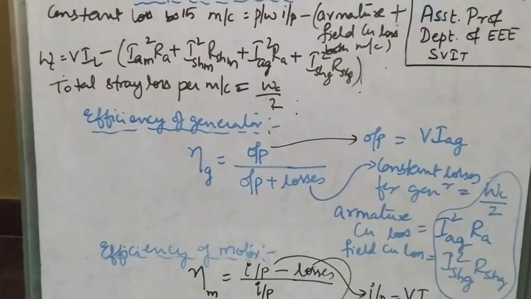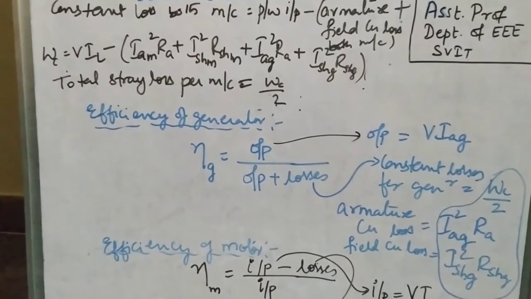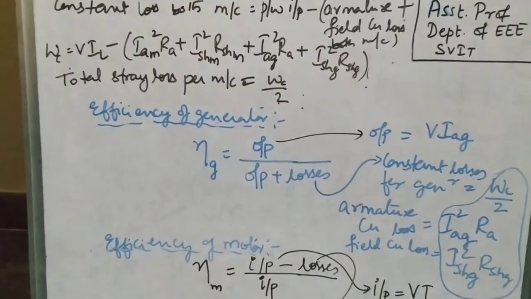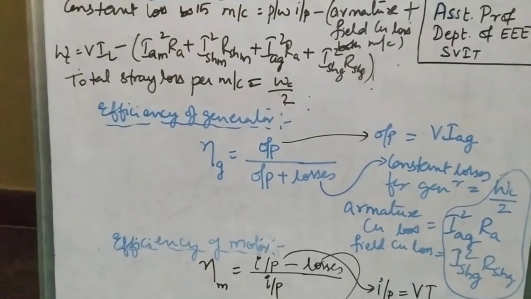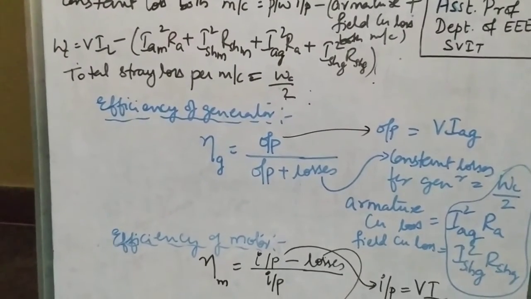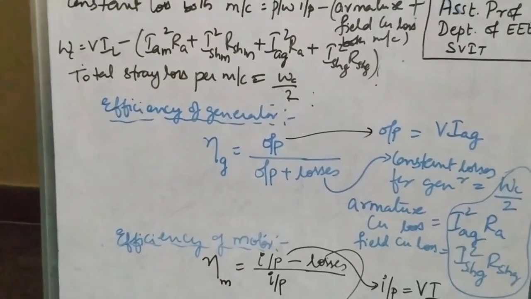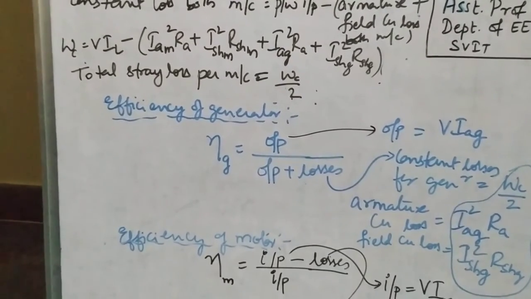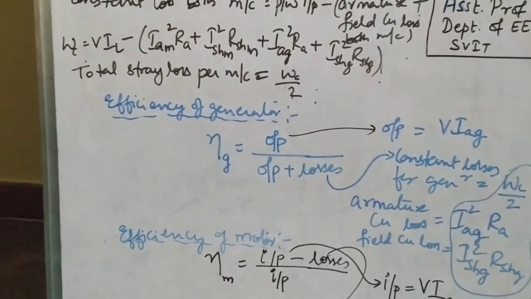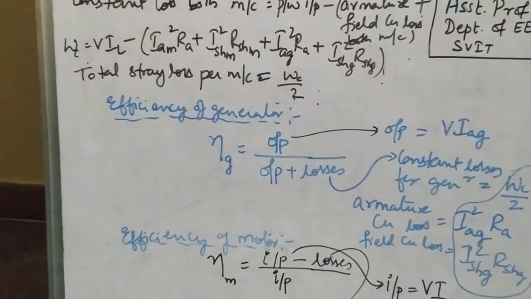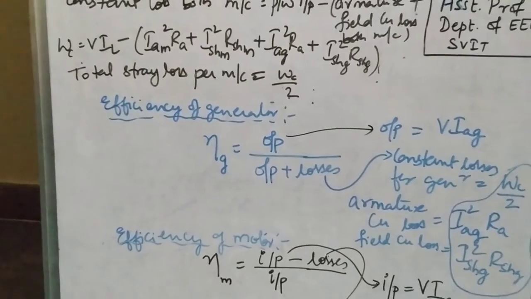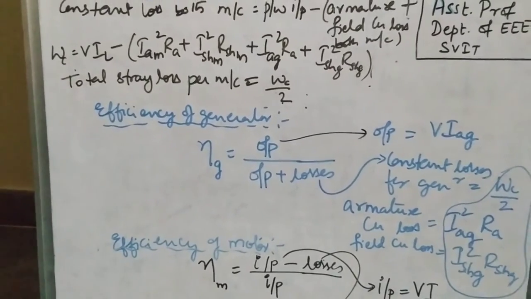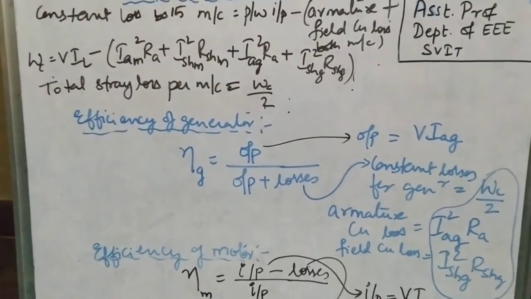The stray losses are considered as both machines are operated under rated load conditions. Here the efficiency at different loads can be determined, and large machines can be tested. Whenever you would like to test large machines at rated load without consuming much power from the supply, we can employ this test, that is Hopkinson's test.